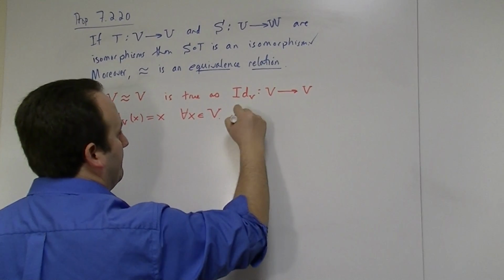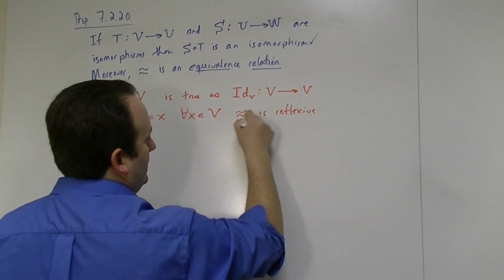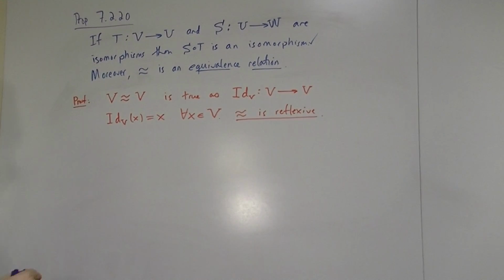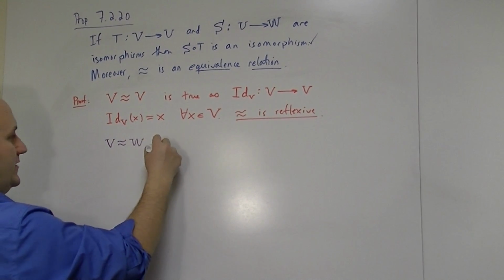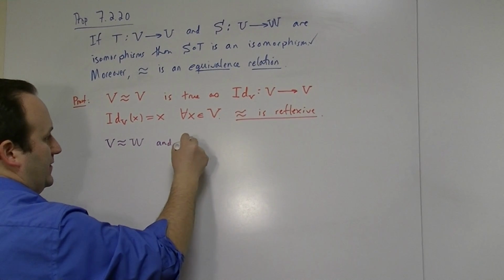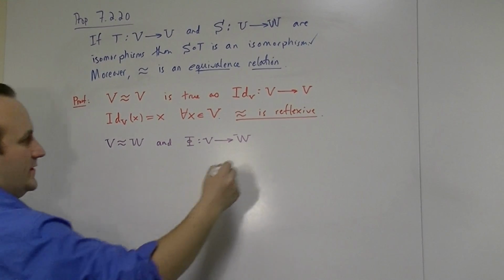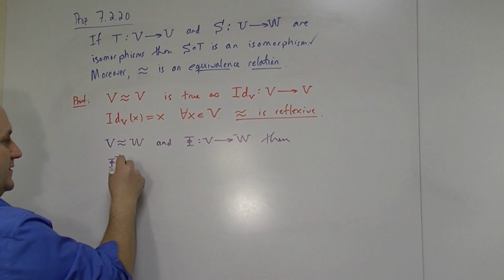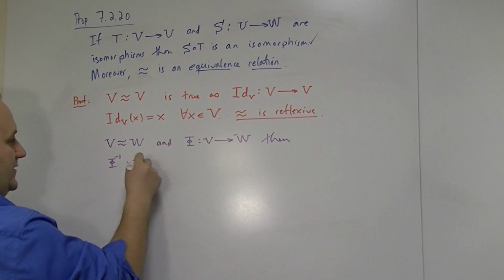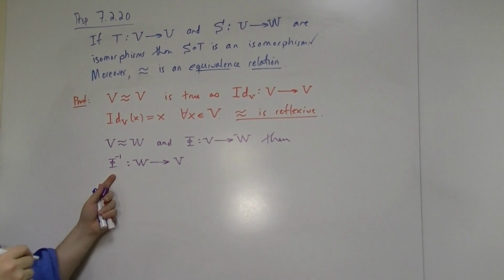So that's a third of the battle. What's next? We need to show symmetric, right? So suppose that v is isomorphic to w, and suppose that phi is the isomorphism. Then I can just look at the inverse, which would go from w to v, and is a linear transformation.